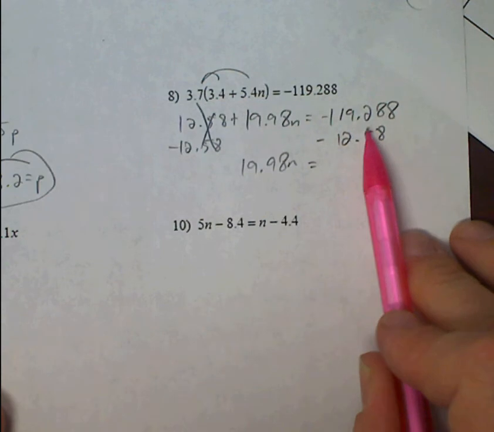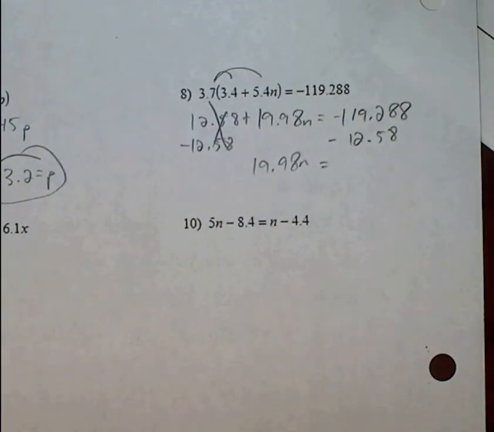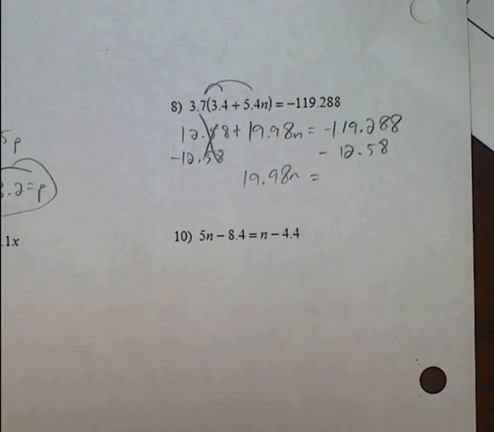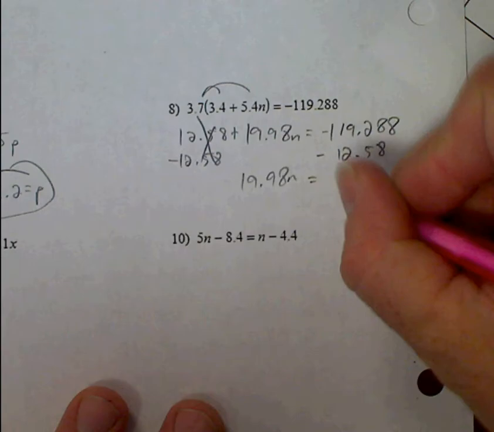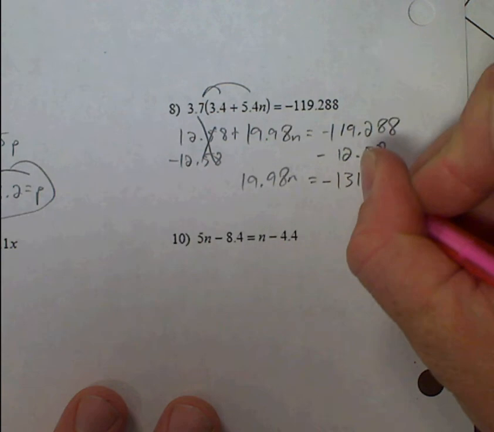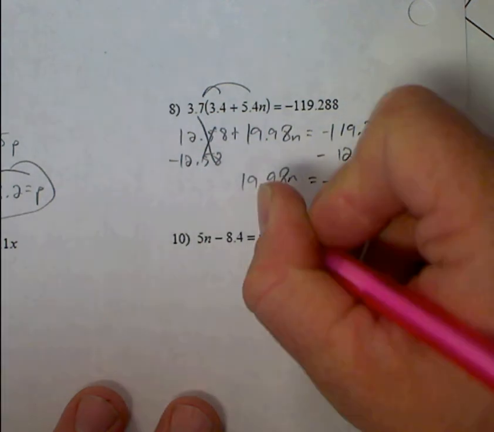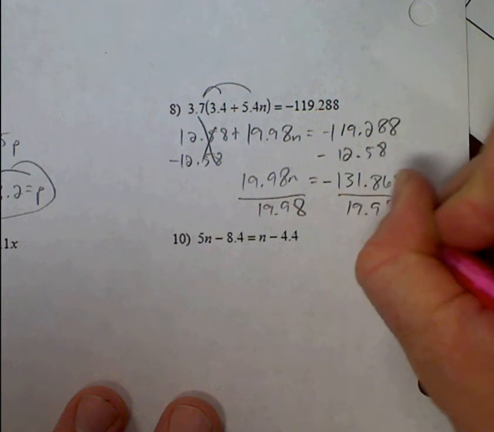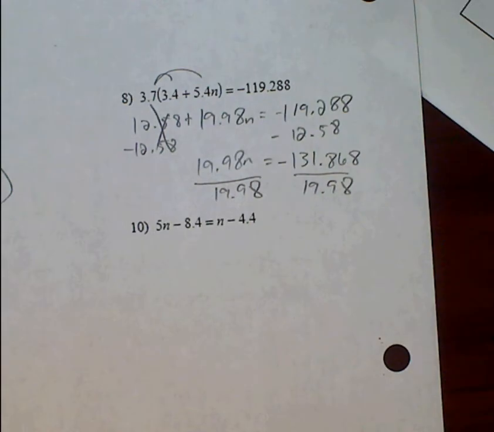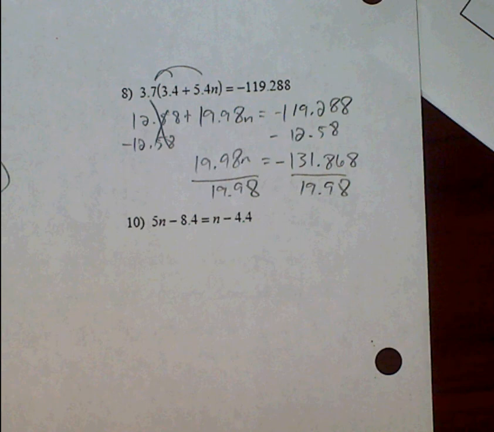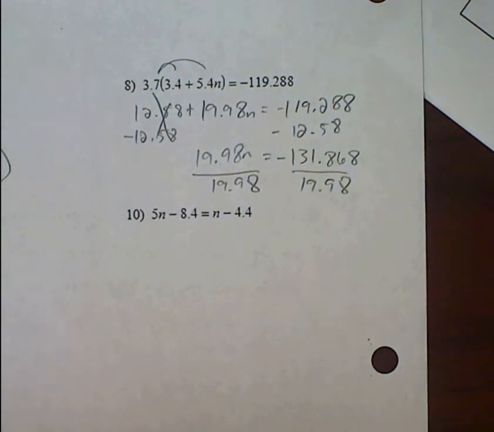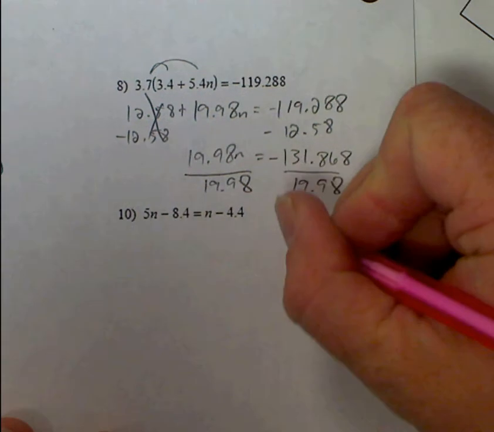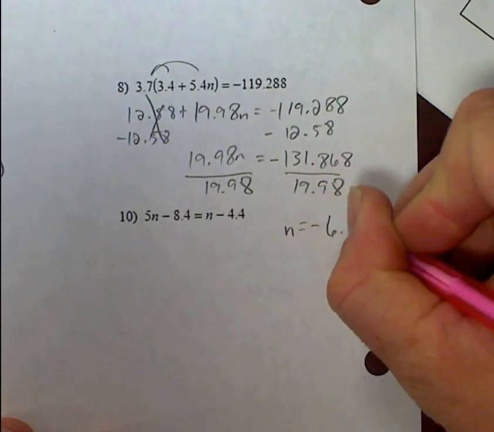These are both debt, so I have to add my debt. 119.288 plus 12.58, and I get negative 131.868. Divide by 19.98, divide by 19.98. 131.868 divided by 19.98, and I get 6.6, so n equals negative 6.6.